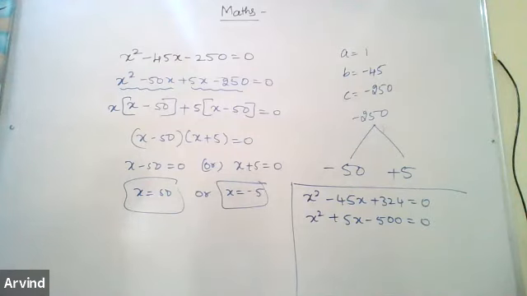Sir, x equals 20 and x equals minus 25. Yeah, that's correct. What was the mistake that you had done? Sir, I had changed the minus and plus sign.